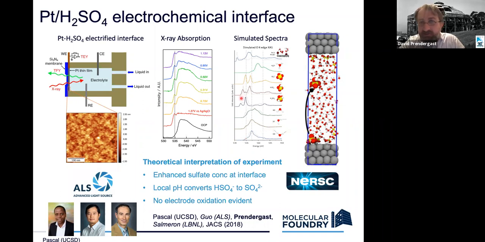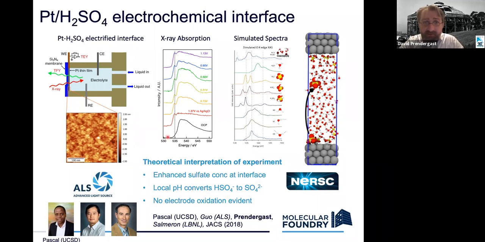And then using those spectral standards, which you can't actually see in experiment individually, we were able to combine them in different linear combinations to reproduce the experiment and understand the relative concentration of different species at the interface, learning that sulfate is highly concentrated at the interface, and actually local pH converts what should be at the interface, which is bisulfate, into sulfate. So that was quite interesting.